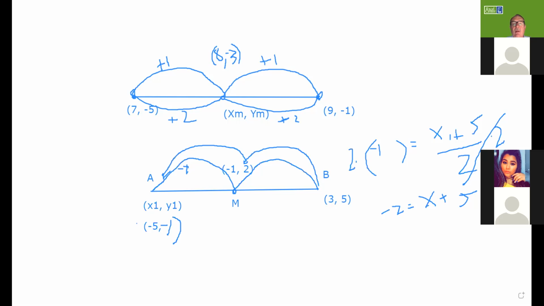Do I have my x values right? No, I don't. I just realized I grabbed the wrong number here. Look, I was going to get the wrong answer. My x value is 3, not -5. I didn't do that on purpose either.